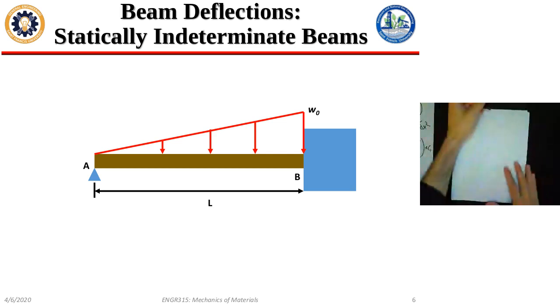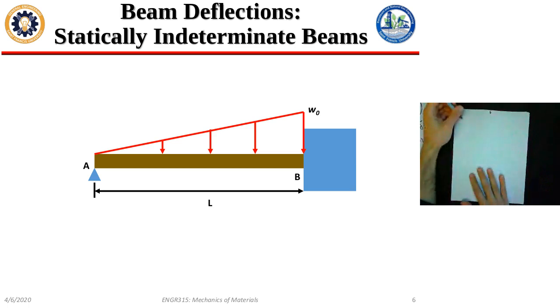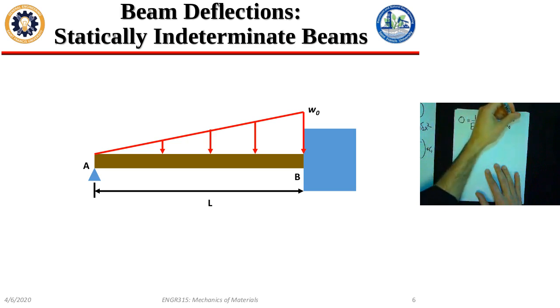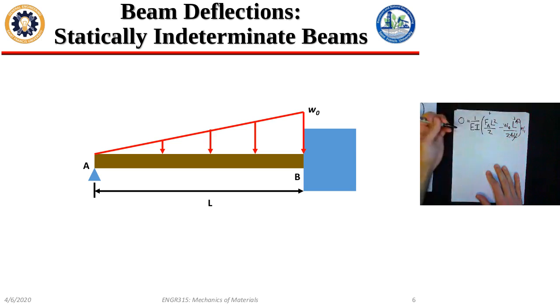I'll just rewrite it here. 0 equals 1 over EI times FA L squared over 2 minus W naught L to the 4th over 24L plus C1. Awesome. All right, so it's pretty straightforward to grab that and solve it for C1, right? We can do some simplification on the way.